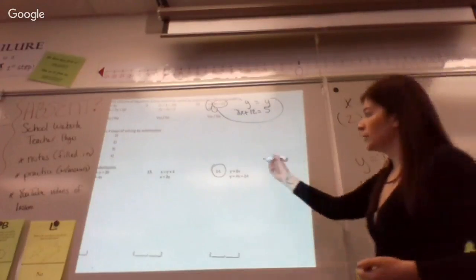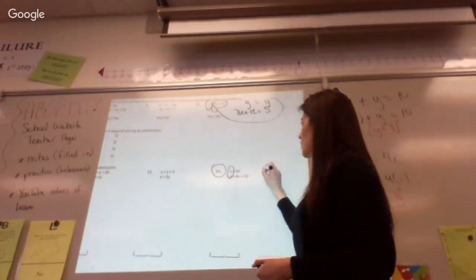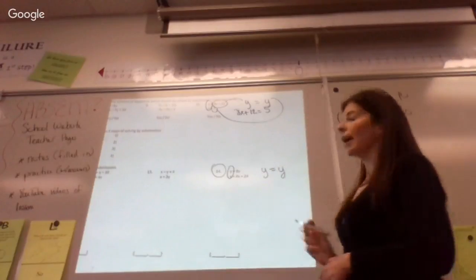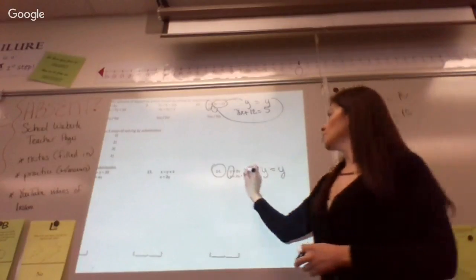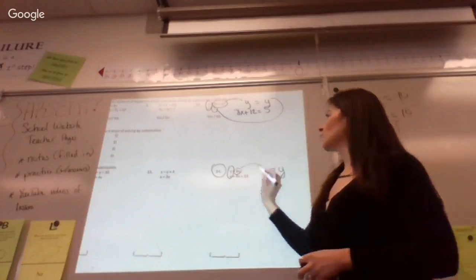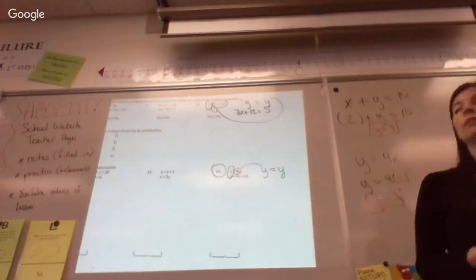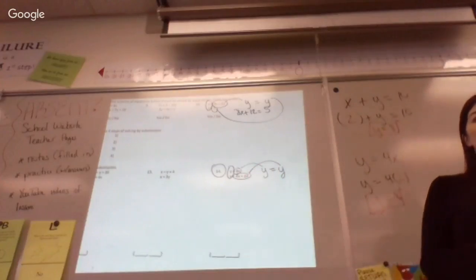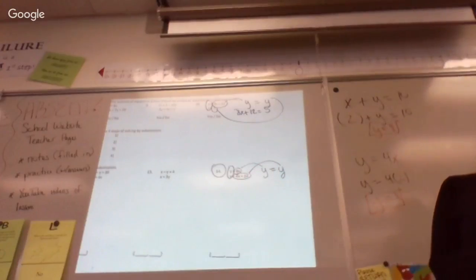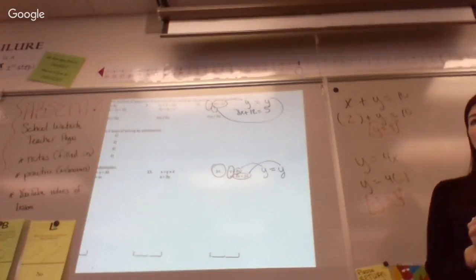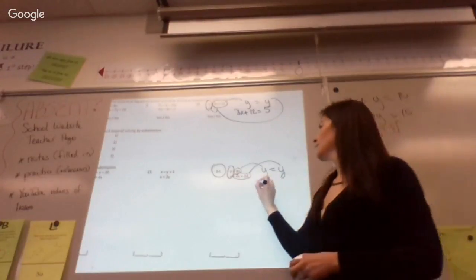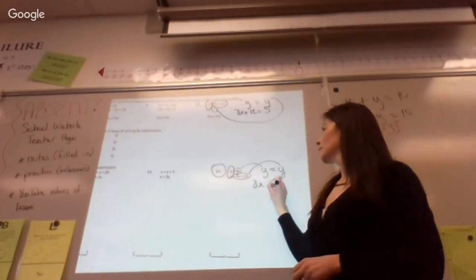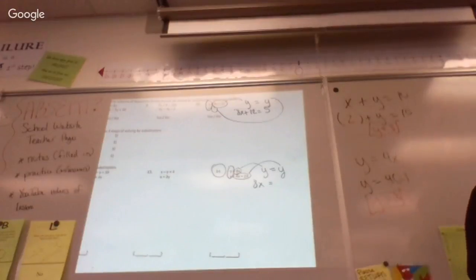Okay, number 14 is the exact same way. If y is equal to y, substitute the first thing in for the first y, and the second thing in for the second y. You should have 8x equals, that's your first y.